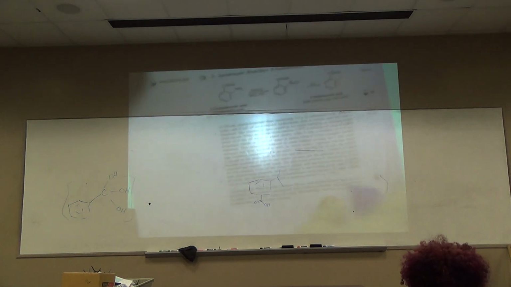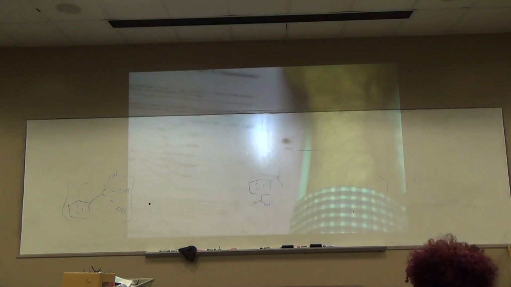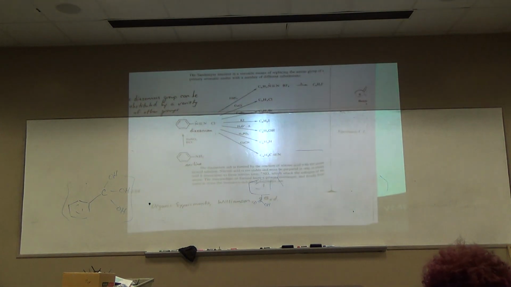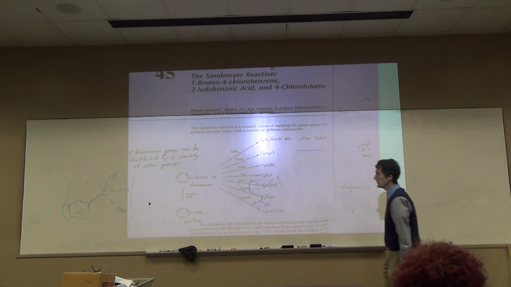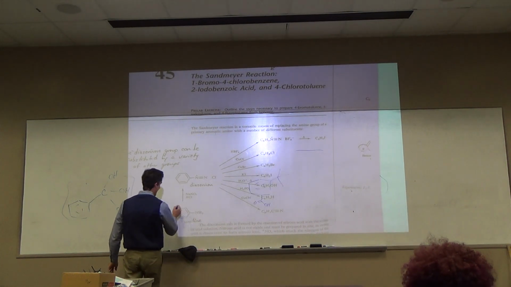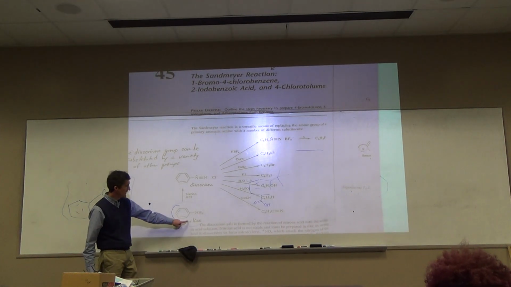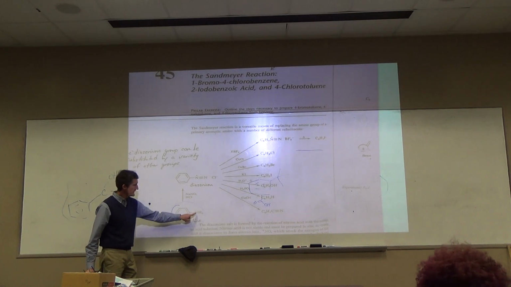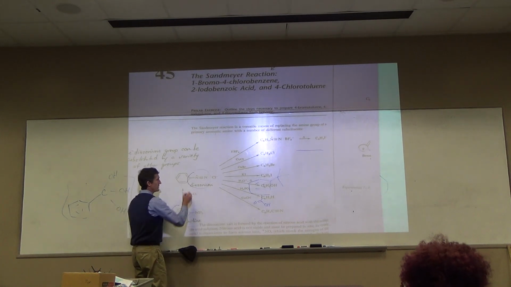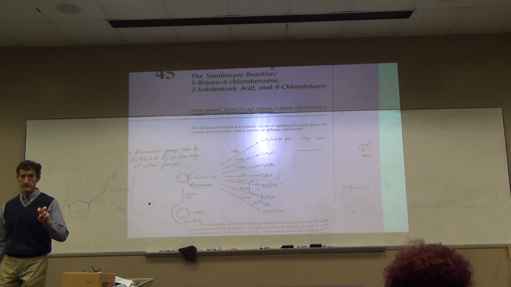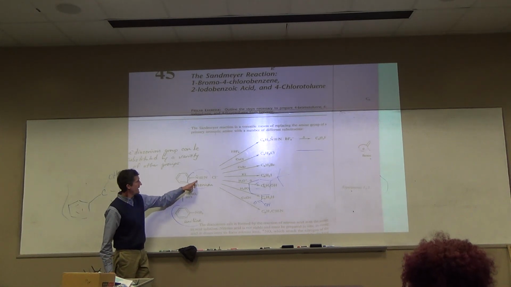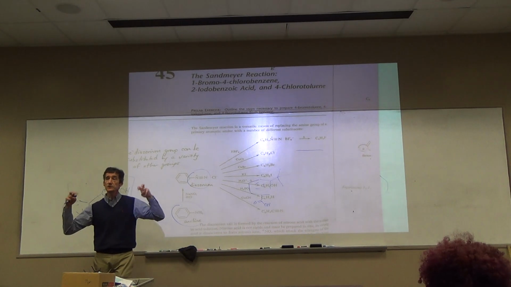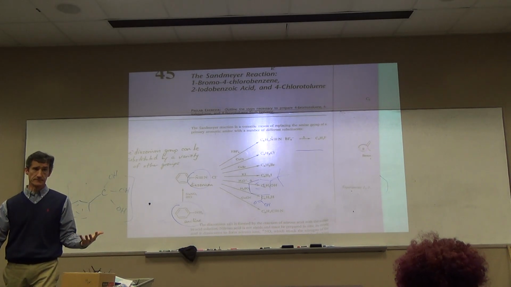All right, the next reaction, and we're out of time, but it's one you're doing in lab this week, is the Sandmeyer reaction, or diazonium chemistry. This is from anilines. The amine on the benzene can be converted to a diazonium, 2 nitrogens. The diazonium can serve as a leaving group and be replaced.